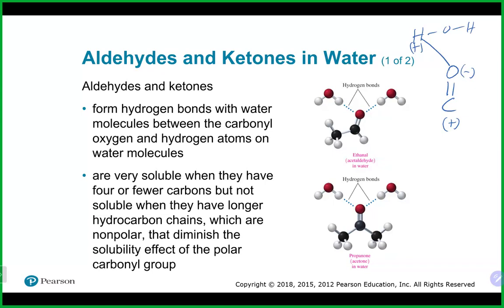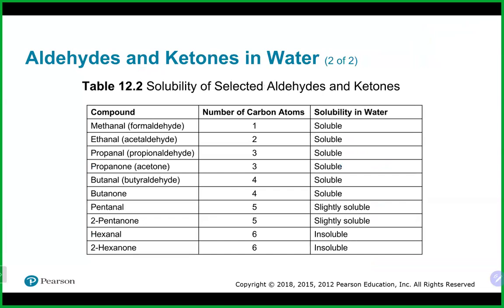But if you have a much longer carbon chain, you're going to see, like we saw with the alcohols, the solubility drop basically to nothing. So that's what this chart shows. Upwards of like 4 carbons, you're good to go with water. It's going to be soluble.